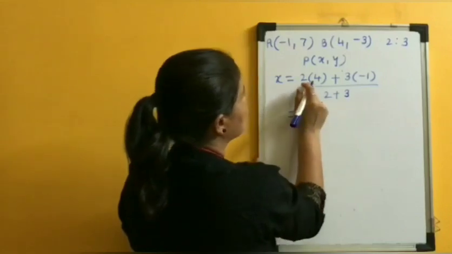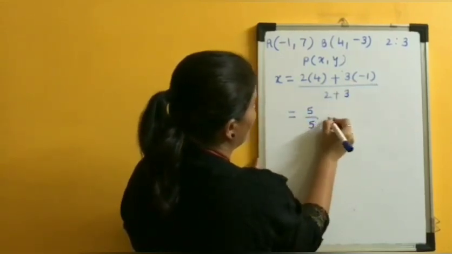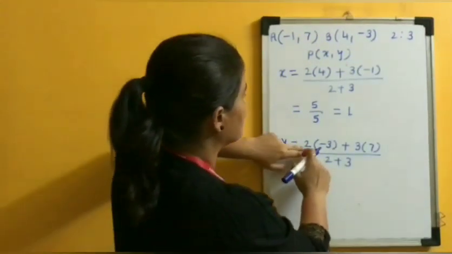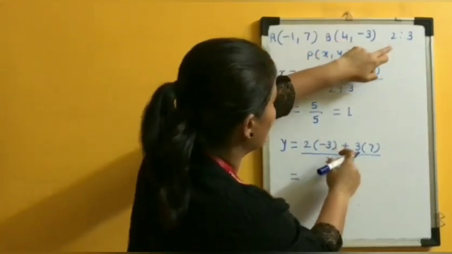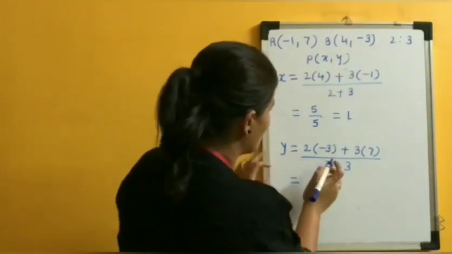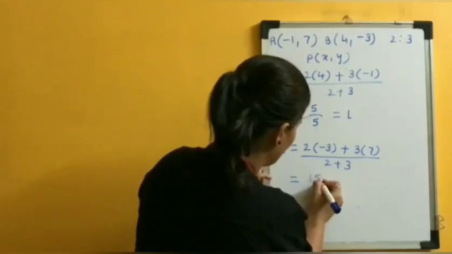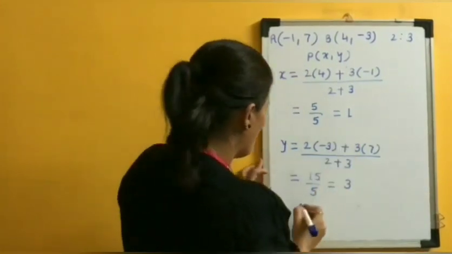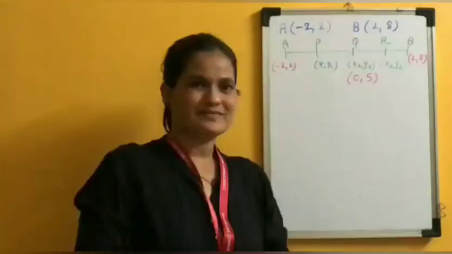So 2 fours are 8, 8 minus 3 is 5, upon 5 is equal to 1. So y is what, friends? 2 into -3, that means m1 y2 plus m2 y1 upon m1 plus m2. So 2 threes are -6 plus 21 is 15. 15 upon 5 is 3. So P(1, 3) is our required point.